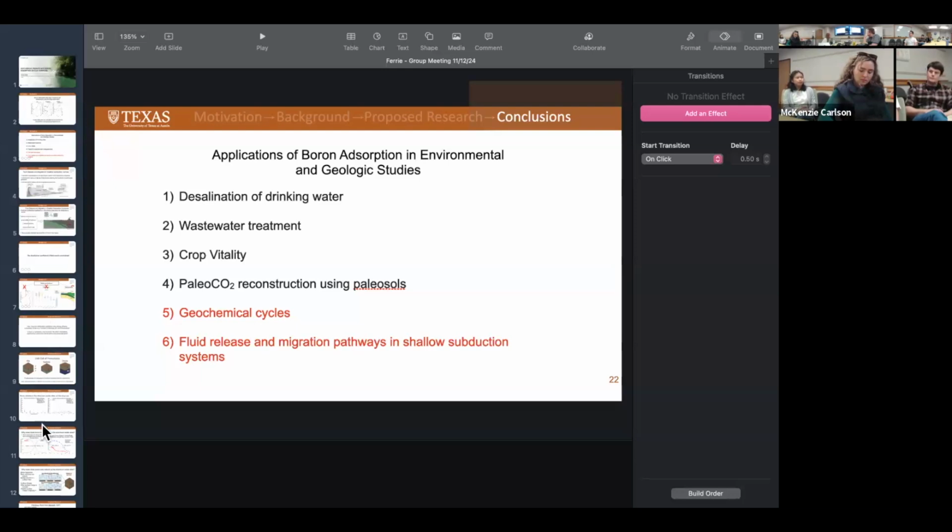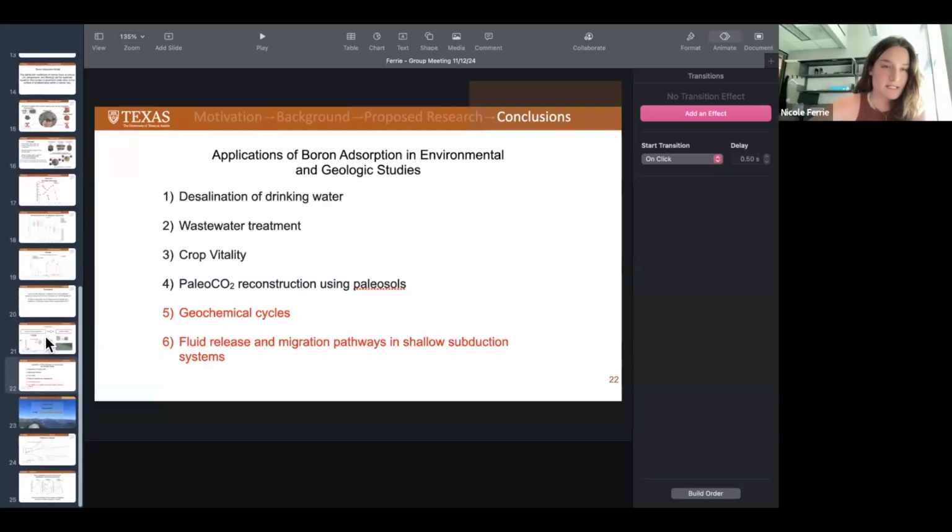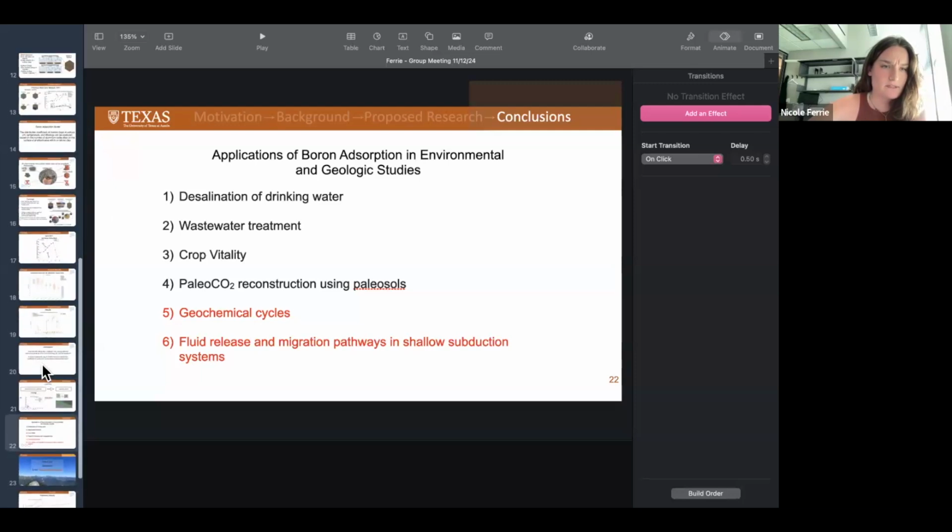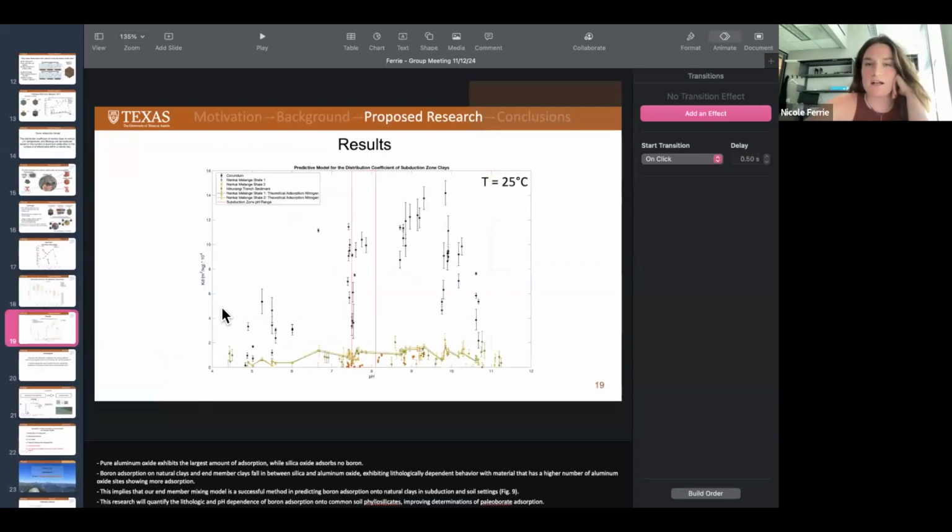Yeah, and that was because, for the preliminary results that I showed here, there's a lot of noise that you can see for the corundum and both the Nankai samples, and that's because we think that the characteristics of the surface change every time you prep the clay.